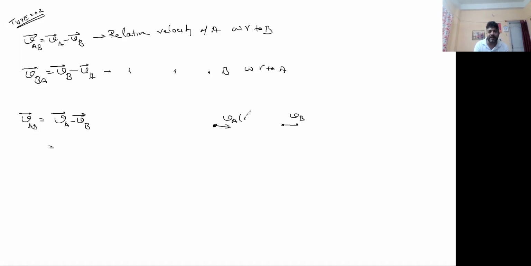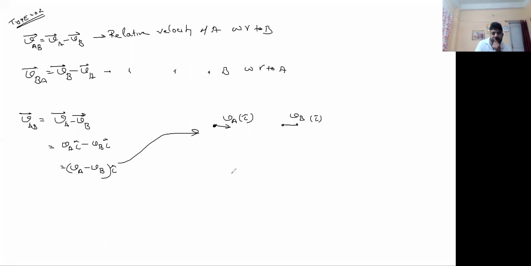Suppose this is my plus i. So I can write VA i minus VB i. Try to understand. You can write it in vector form.